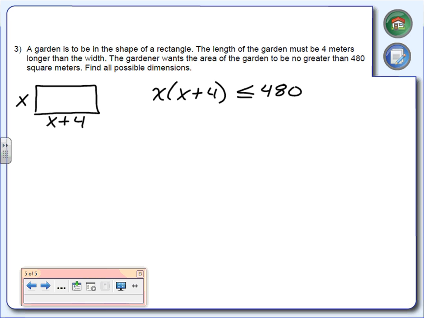All right, so this is what I'm working with here. We want to find all possible dimensions, so we want to find the value of X. What I'm going to have to do here is use the distributive property to start off with. X times X is going to give me X squared. X times 4 is going to give me 4X.